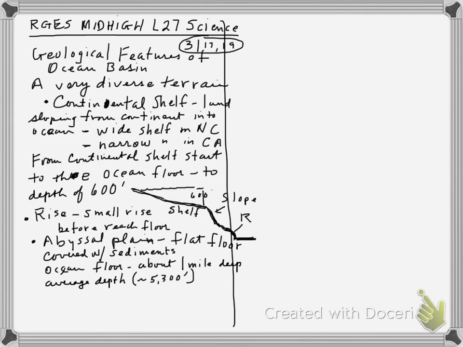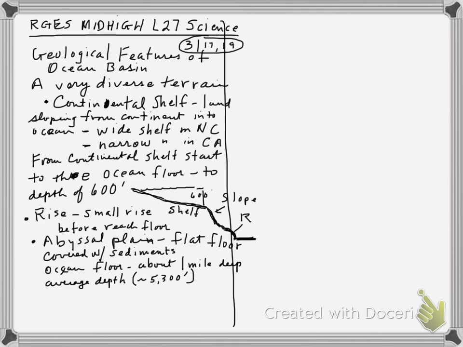These are sediments that have washed off the continent, carried down to the ocean by rivers, or they're just pieces of shells and fragments of the rock, the beach sediments that make their way out, carried out by currents, and they're deposited on the ocean floor, the abyssal plain.